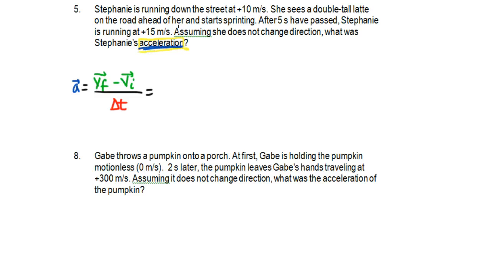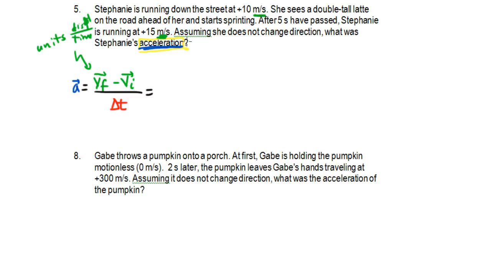Okay, so I know that I need acceleration. That's in blue. Okay, I need to find final velocity, initial velocity. And how you do this is you want to look for units. And we know the units for velocity are going to be a distance, a displacement, over a time. So meters per second, usually what you'll see, or you're going to see kilometers per hour with a vector. And so if I look here, I see meters per second here, and I see meters per second there.